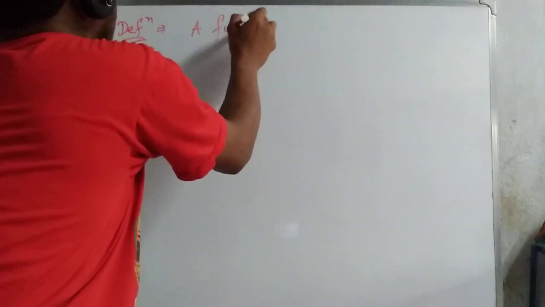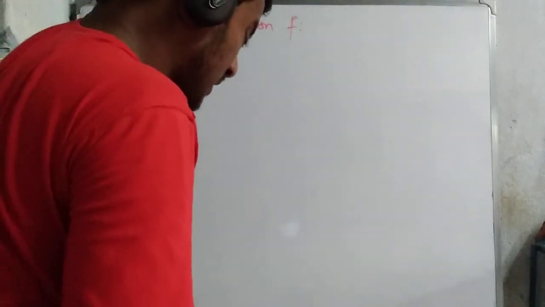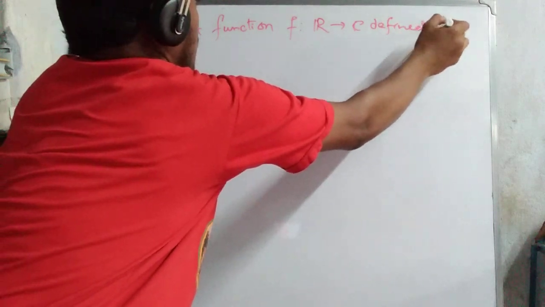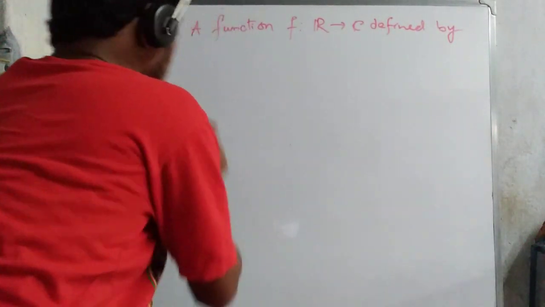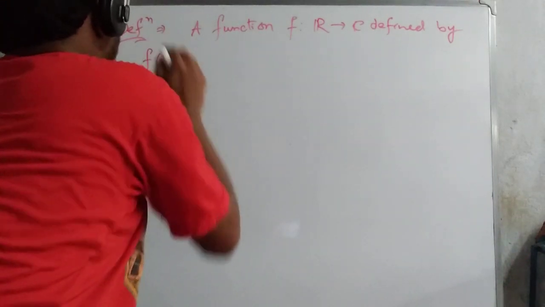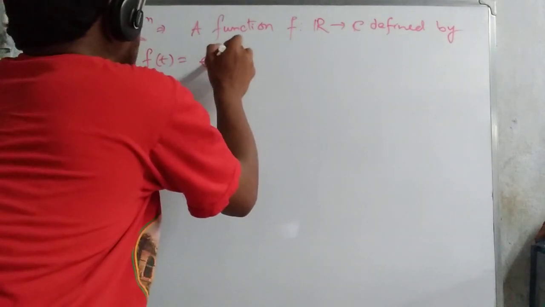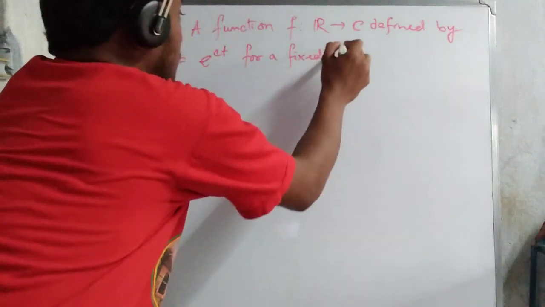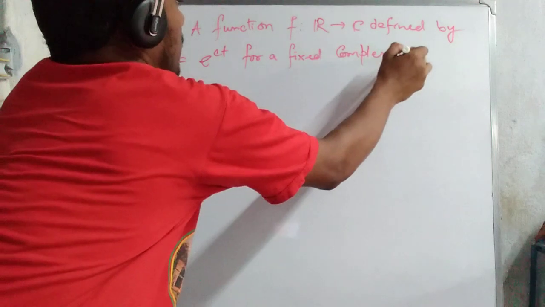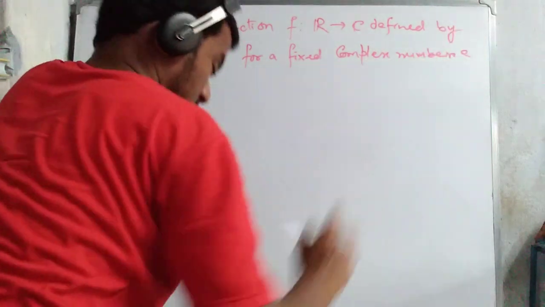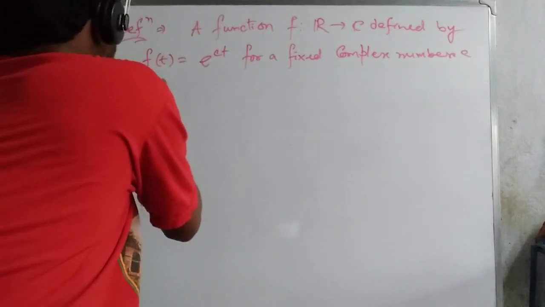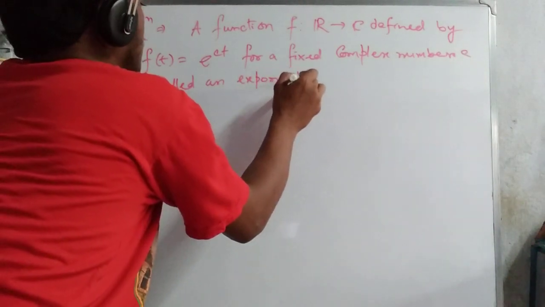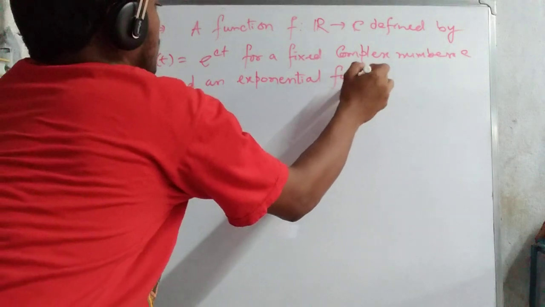The function f from R to C defined by f(t) equals e to the power ct, for a fixed complex number c, is called an exponential function. Understood?